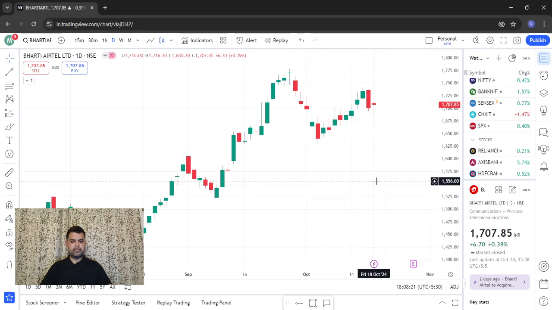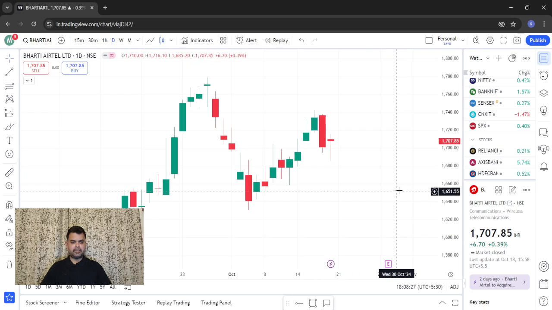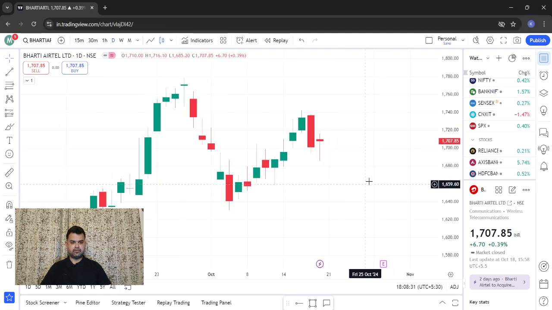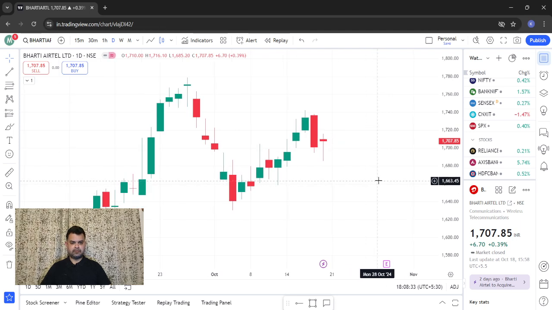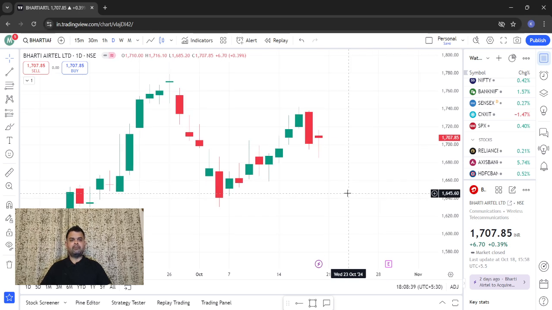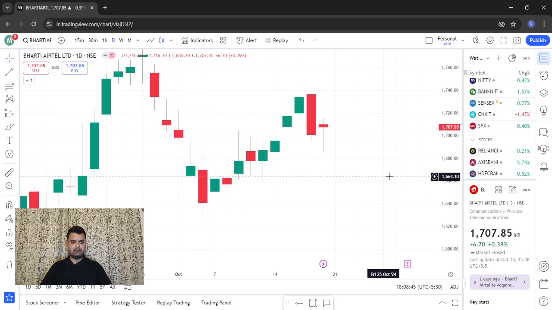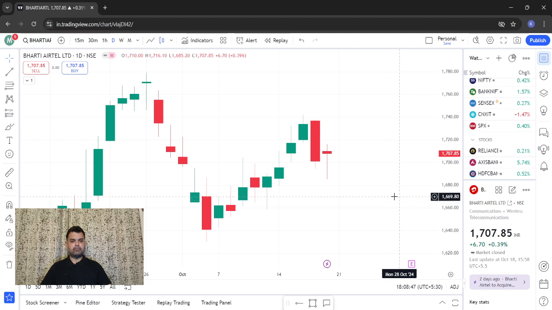As we had explored in the previous video, each candle represents some data. So here we are on the daily chart. That is, each candle will represent the price for a particular day.